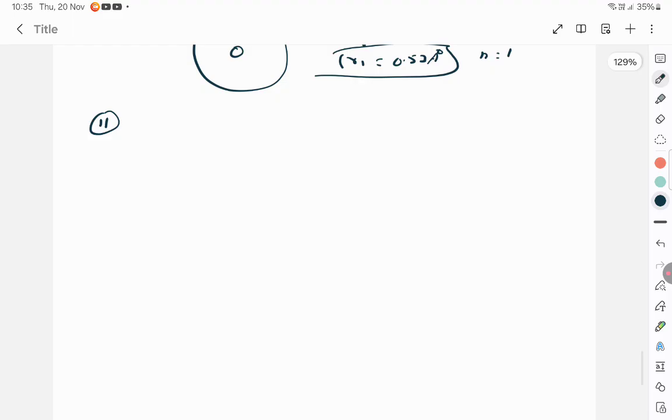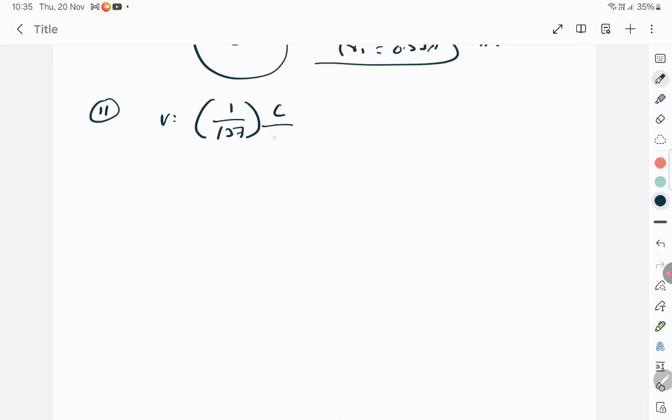The 11th question. Calculate the velocity of the electron in Bohr's first orbit. So velocity is 1 by 137 into c by n, where n is equal to 1. You know what c is, you can just substitute and get the velocity, provided this formula was derived with Z is equal to 1, which only holds for hydrogen. Is the question about hydrogen? Calculate the velocity of the electron in Bohr's first orbit of hydrogen, where n is already equal to 1, and just substitute this.